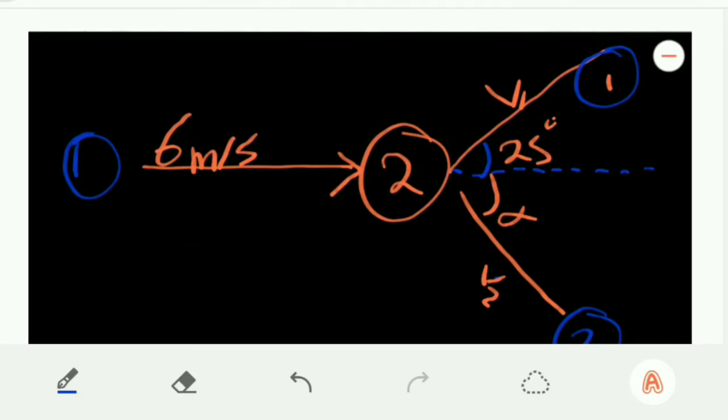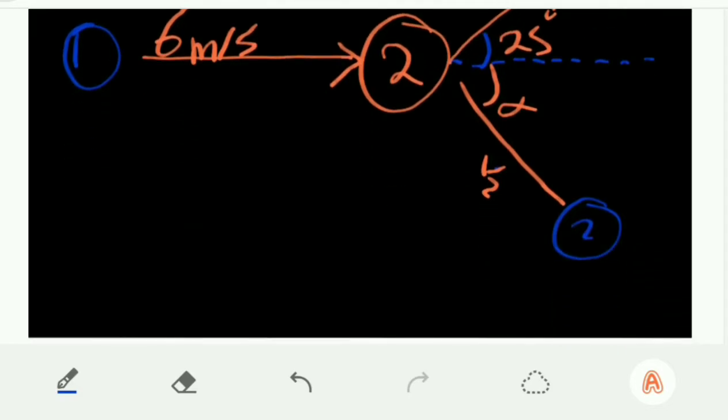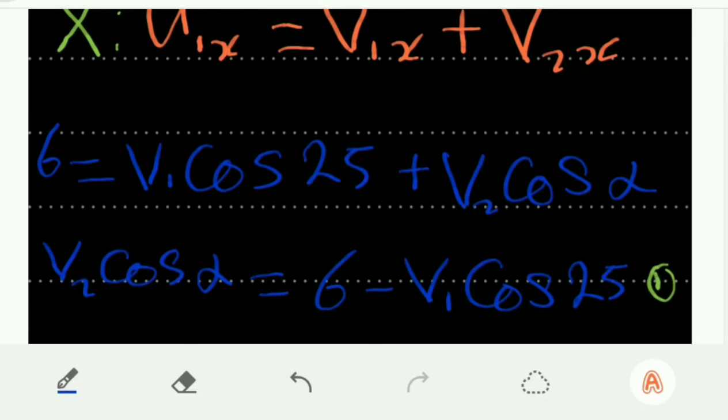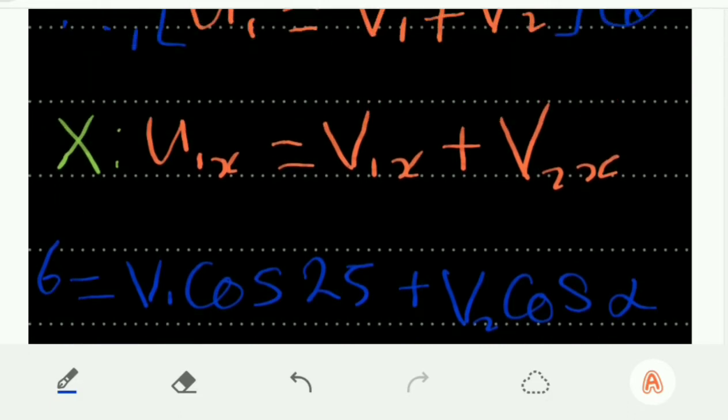Okay, and v2x is going to be v2 cos alpha. Well, I'm sure you've done these vectors. You can go back to the vectors.